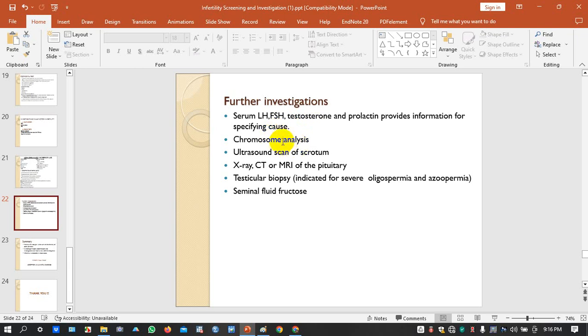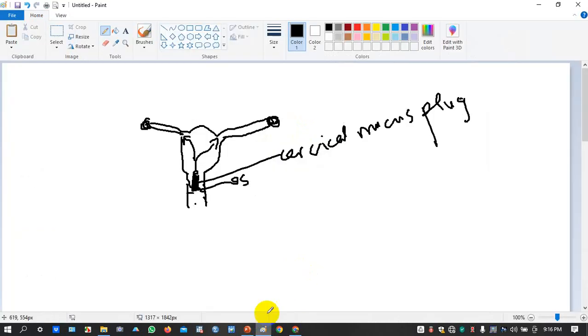We can do karyotyping, which means we check your chromosomes and see whether they are normal. We take your chromosomes and a normal person's chromosomes and match them to see which one is normal.